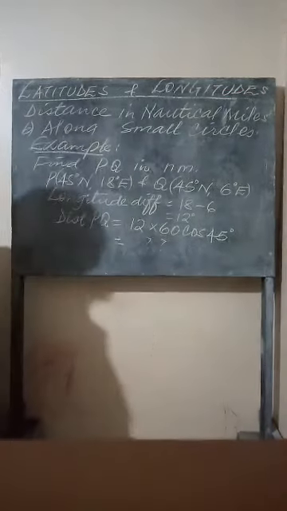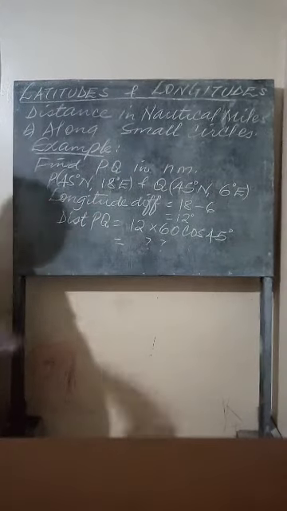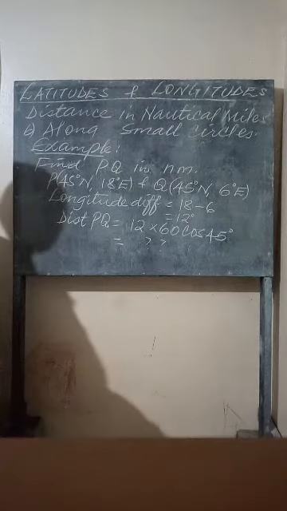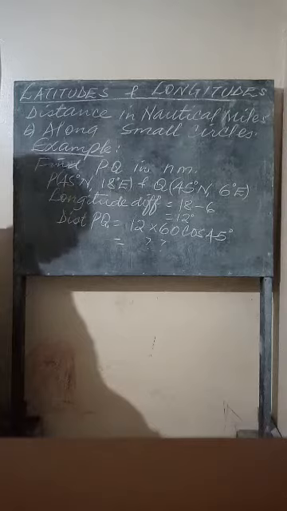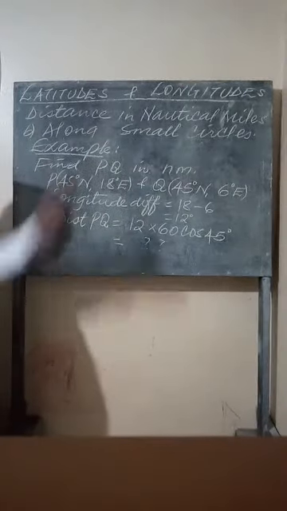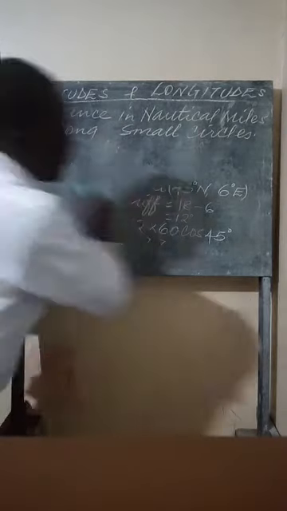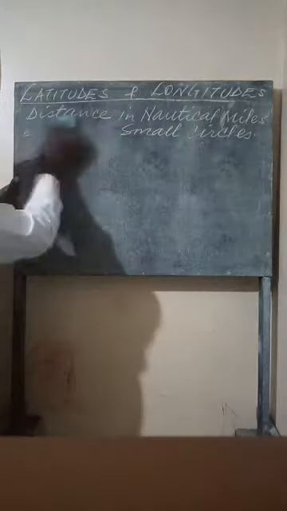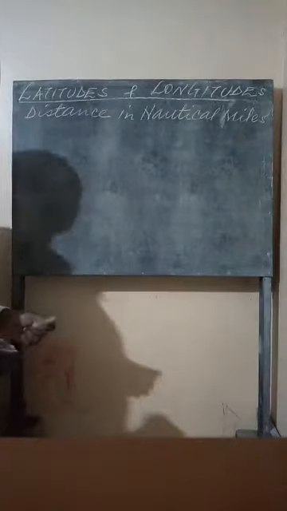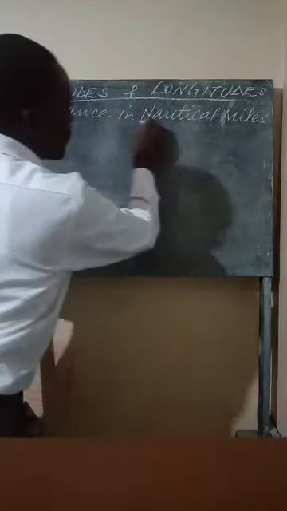So to wrap it up, that is basically what small circles entail, and in the previous discussion we were also able to see what great circles are all about as far as nautical miles are concerned. So again, I'm going to give a short exercise that you're going to take up just to compute distances in nautical miles. So our subheading is nautical miles, so make sure that you attempt these distances.